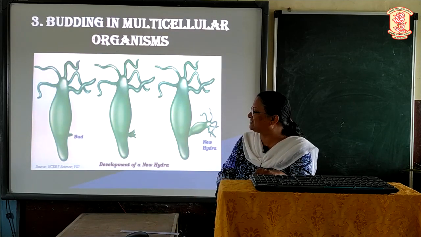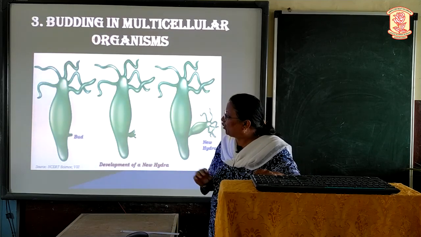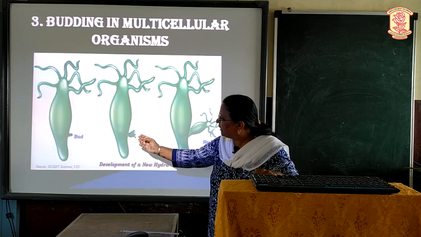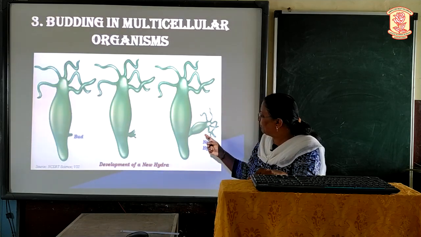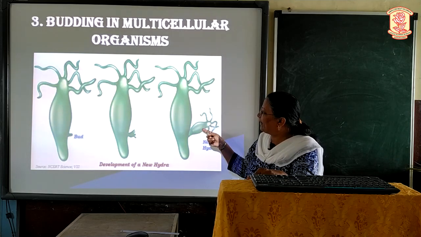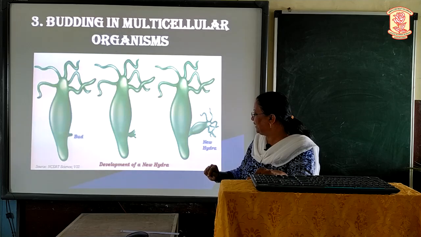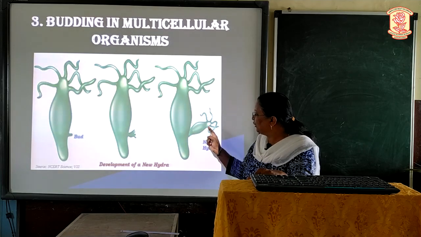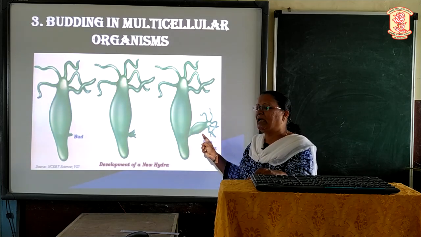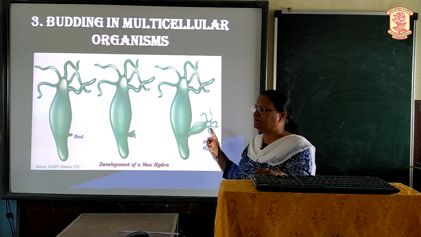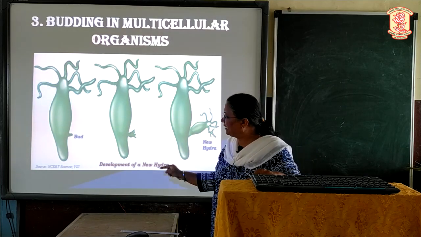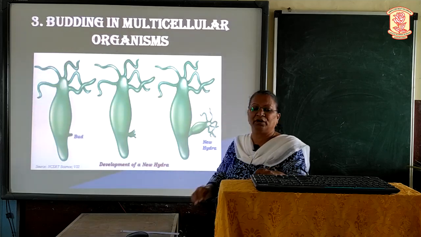Slowly as time passes, taking all the nutrients from the parent Hydra, the bud starts developing into a mature bud, where all the body organs are formed. Once the new bud is mature, it is detached from the parent and it individually survives as a new individual. So this is the method where Hydra reproduces itself by budding.